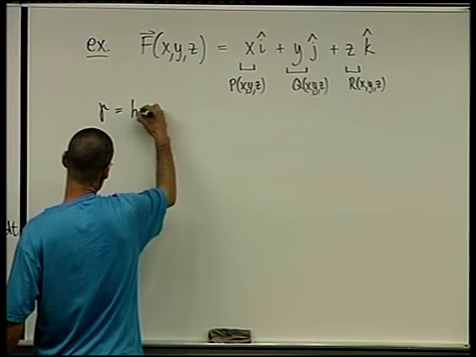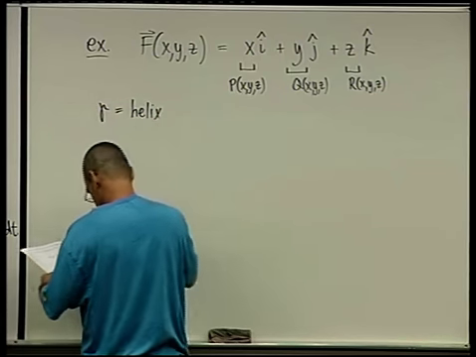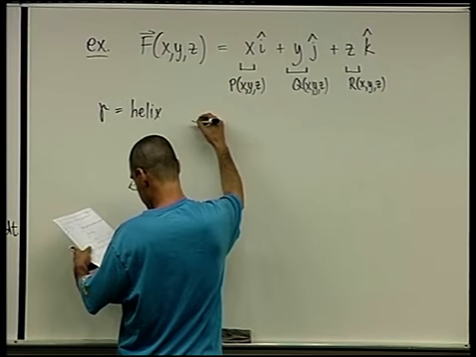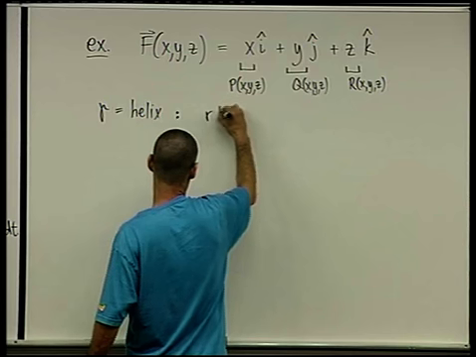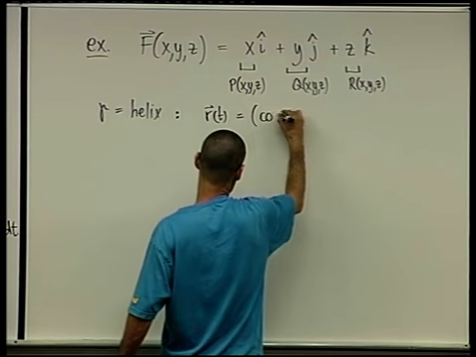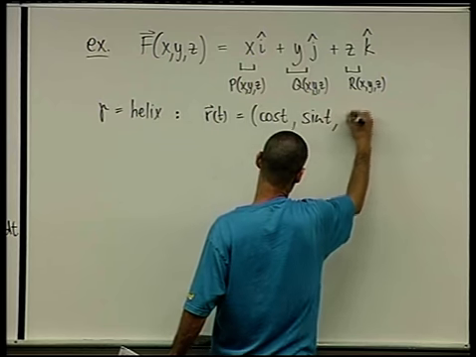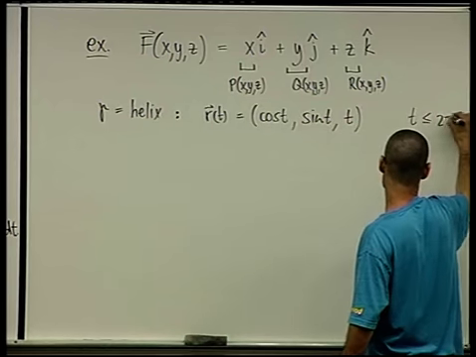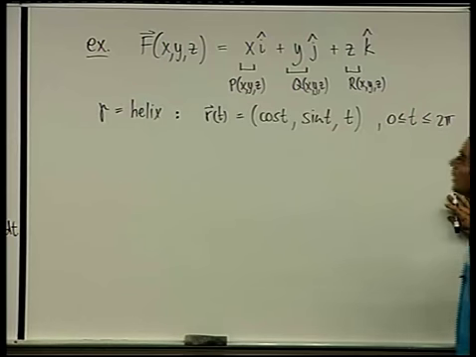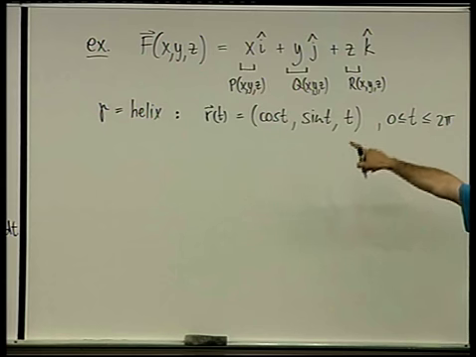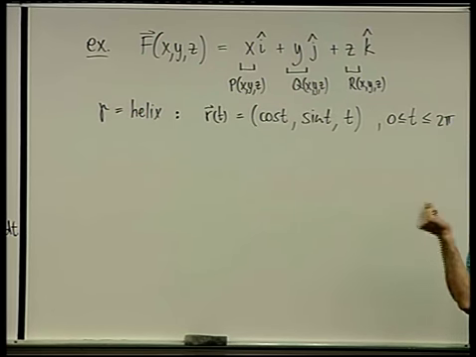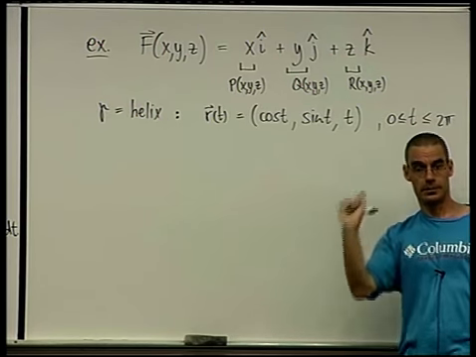Gamma is the helix given by r of t equals cosine t, sine t, t, where t ranges between 0 and 2 pi. Okay? What is the work done by this force in moving a bead along the helix between 0 and 2 pi? One round of the helix. Do you understand why I'm doing this?